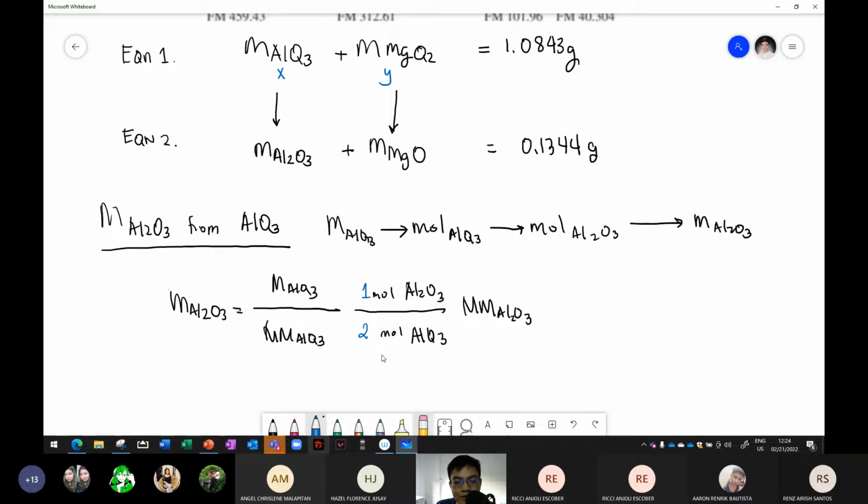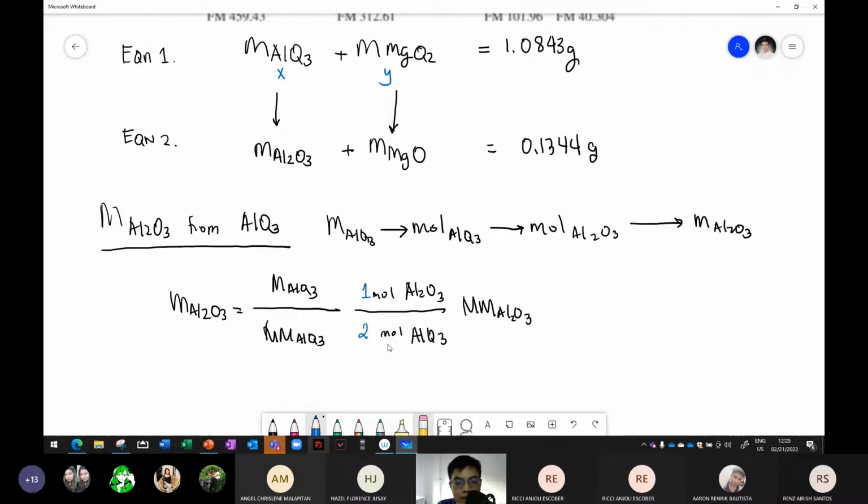So, bakit 1/2? Kasi, ang goal natin is maging same yung number of aluminum. So, 2 times 1 is 2 aluminum na sa numerator. So, sa denominator, you have 1 aluminum lang eh. So, 1 times 2 will give you 2 aluminum sa denominator. Yun yung kailangan careful tayo.